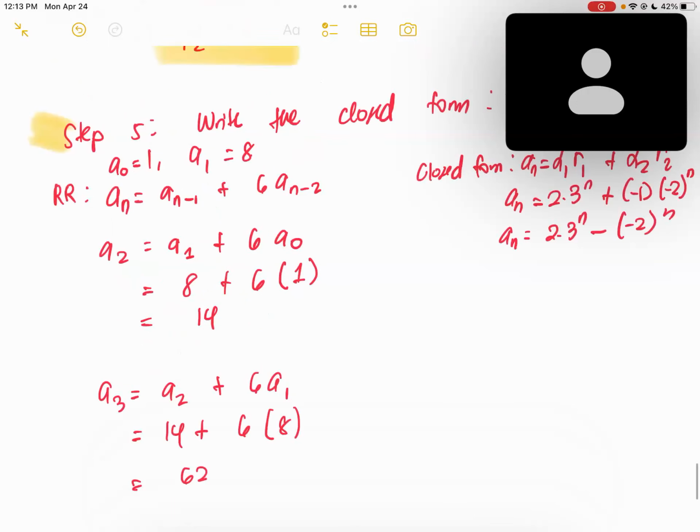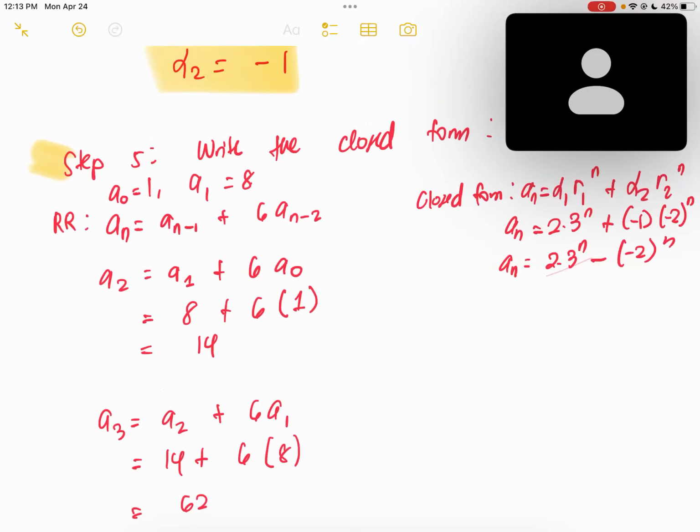And i-check naman natin kung tama ba yung closed form solution natin to this recurrence relation. So we compute natin diretso yung a3. So a3 is 2 times 3 raised to 3 minus negative 2 raised to 3. So 2 times 27 plus 8, since negative 2 raised to 3 is negative 8.